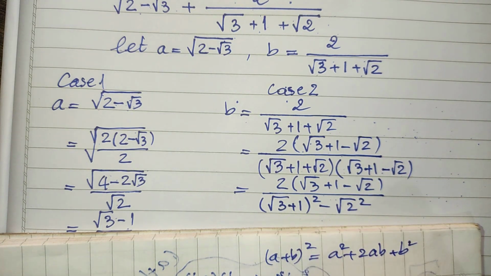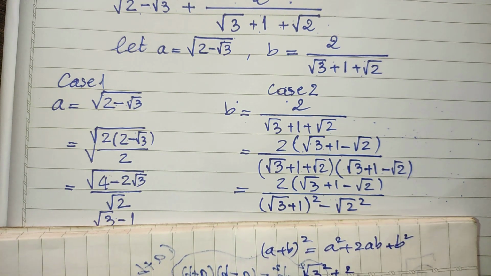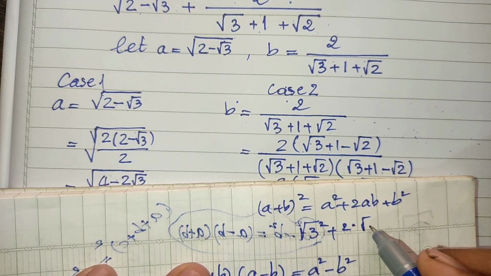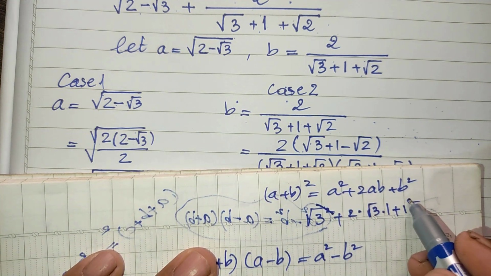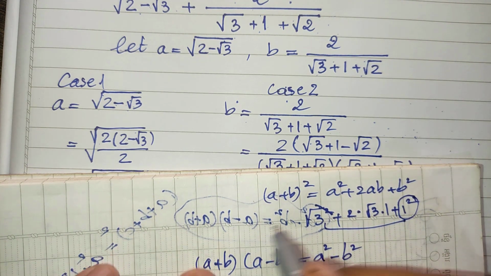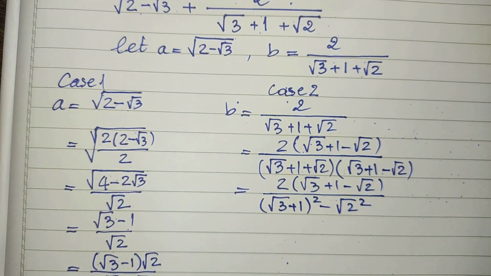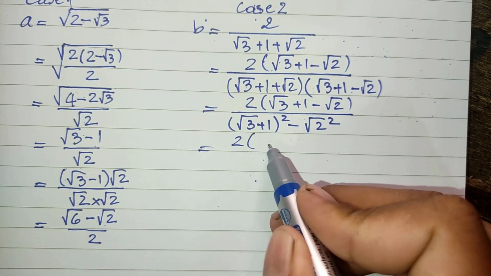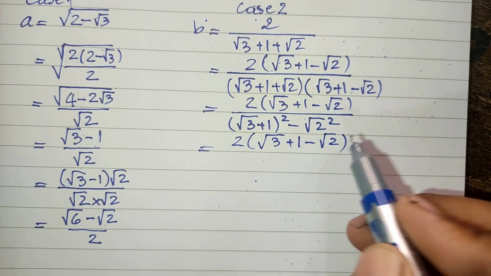So this is equal to (√3)² plus 2 multiplied by √3 multiplied by 1 plus 1². We cancel the square and root, we get 3, and 1 squared is 1, and 3 plus 1 we get 4, plus 2√3. So this is equal to 2 multiplied by (√3 + 1 − √2).